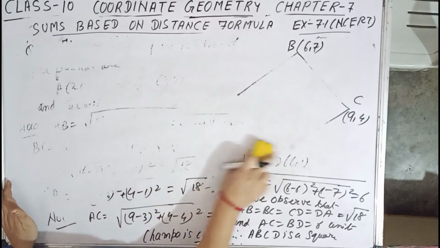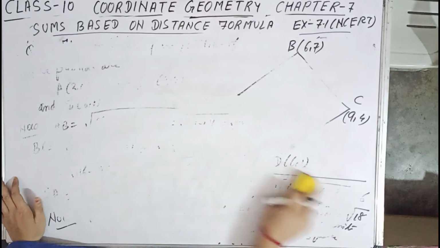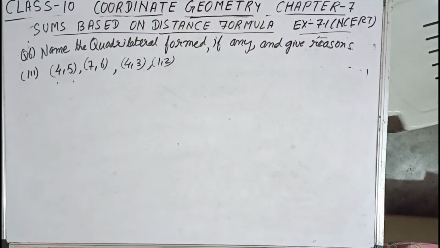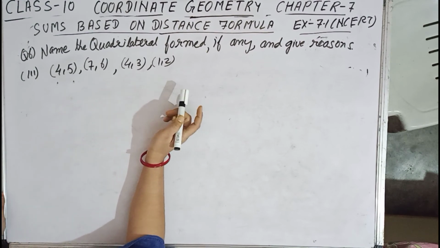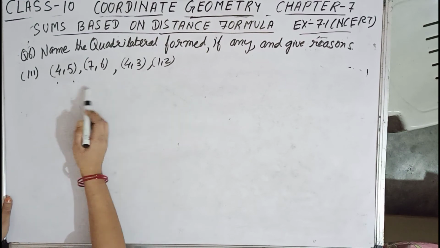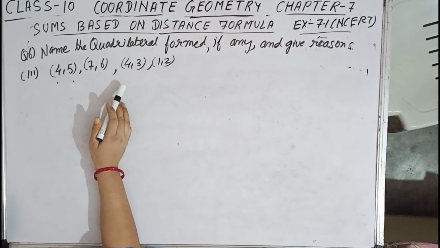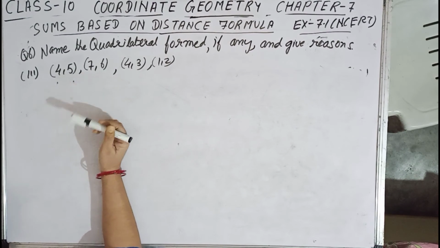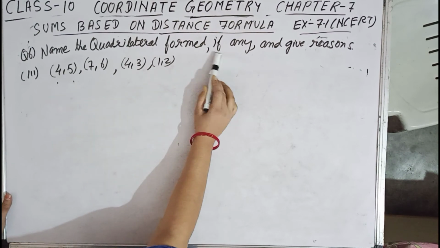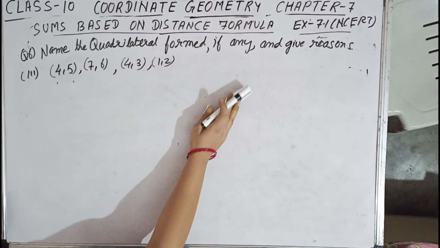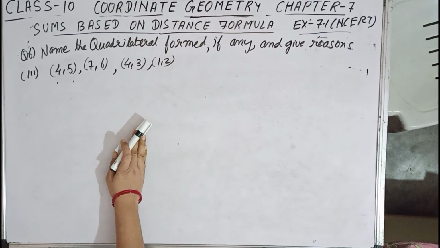Let us move to question number 6. Question number 6 says: name the quadrilateral formed, if any, and give reasons. 4 points are given. We have to first check whether the 4 points form the vertices of a quadrilateral or not, because these two words, if any, mean that maybe the quadrilateral is not possible as well.